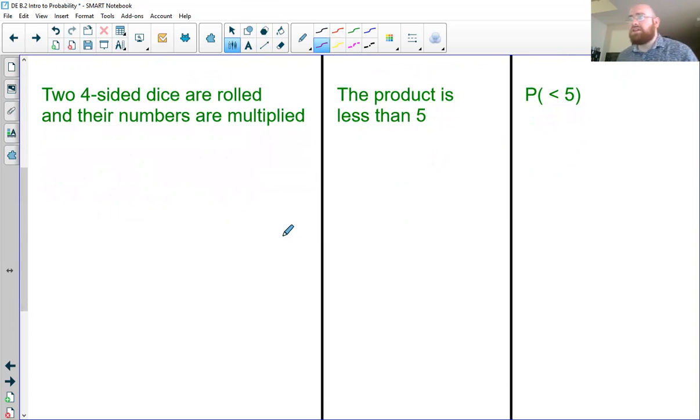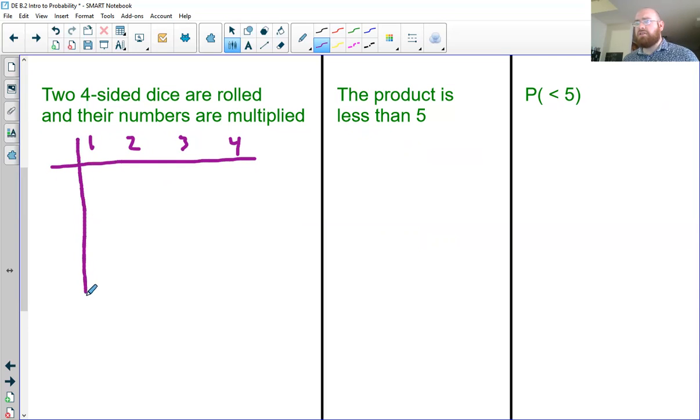So two four-sided dice are rolled and their numbers are multiplied. So we have 1, 2, 3, 4 from our first die, 1, 2, 3, 4 from our second.